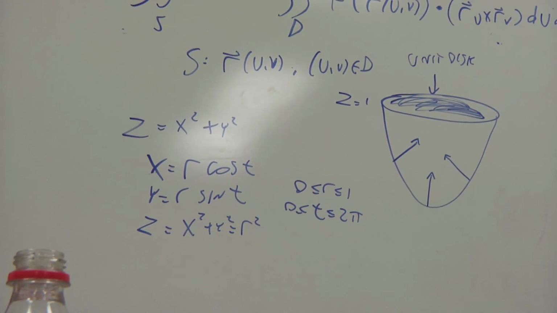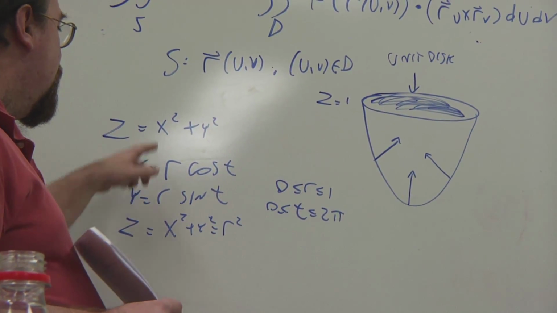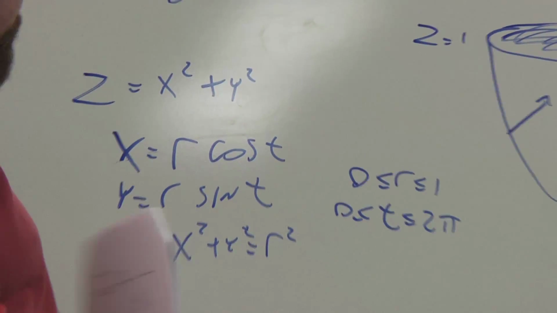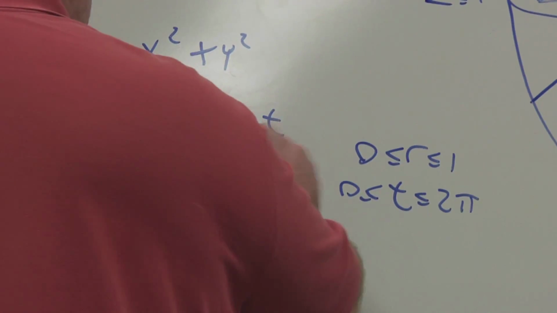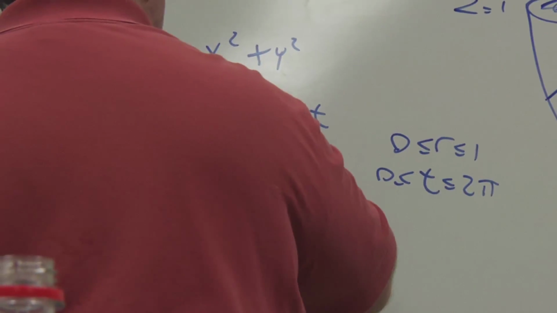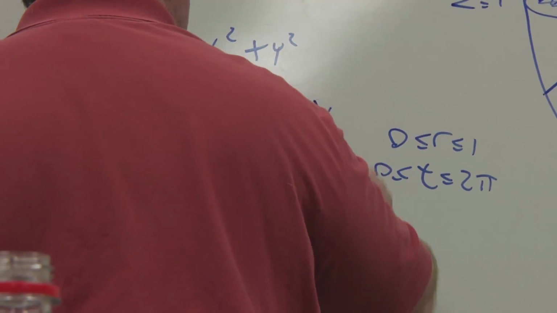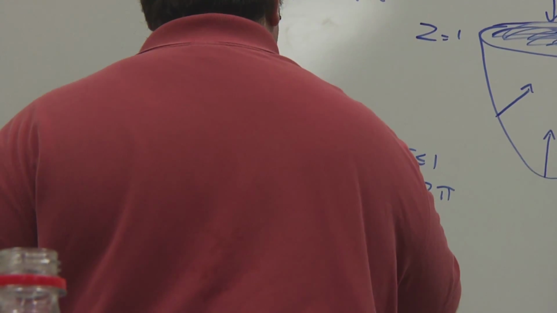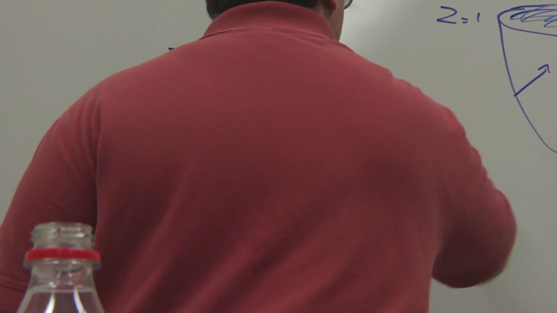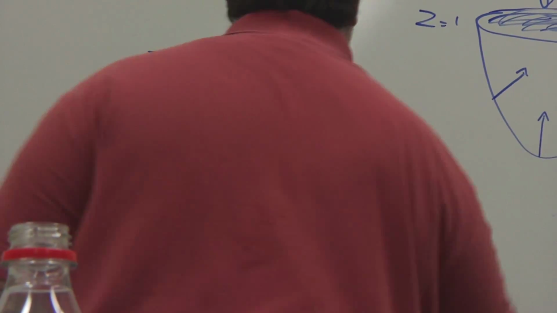So what you can do is figure out your partial derivatives. Because of the choice of variables I used, for consistency with everything else I've done in the class before, I'm going to use u and v, just to make it similar to previous examples. So it's u squared. u goes from 0 to 1. v goes from 0 to 2 pi.